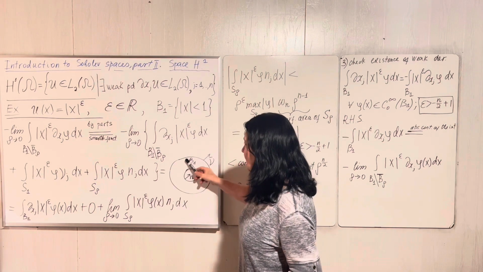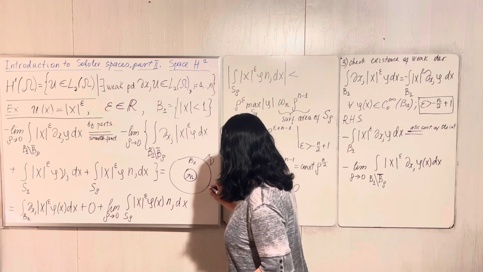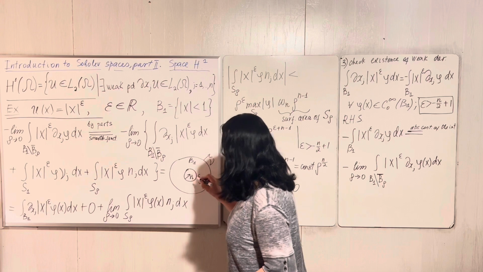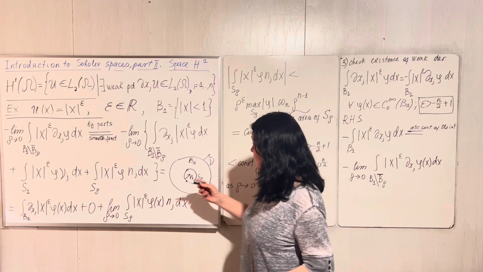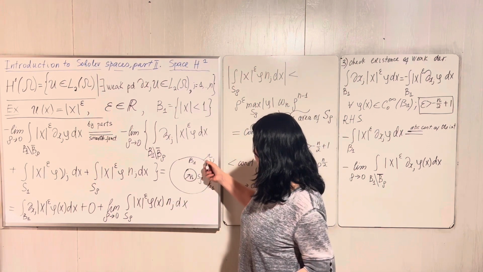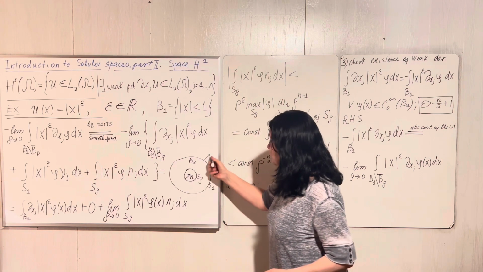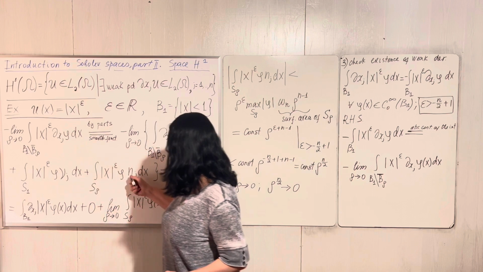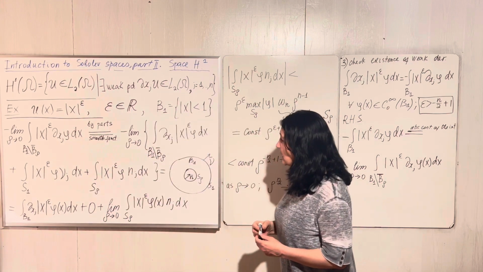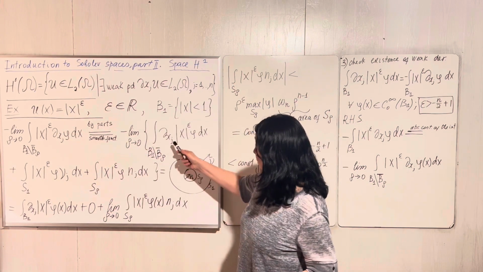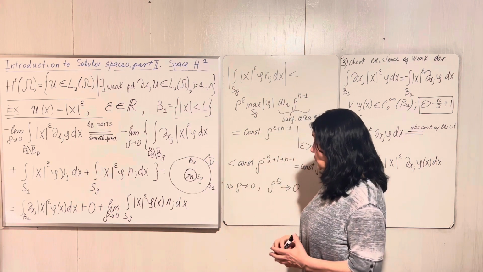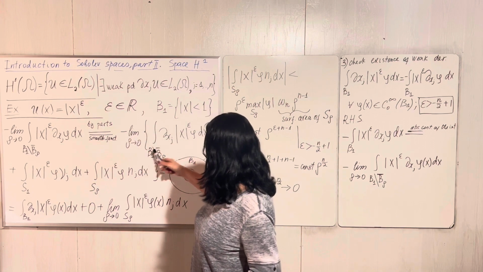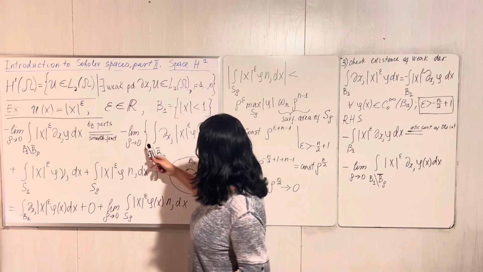This would be S1, and this one would be S rho, and nu and n are outward normals for each, and nu j and nj are corresponding components.